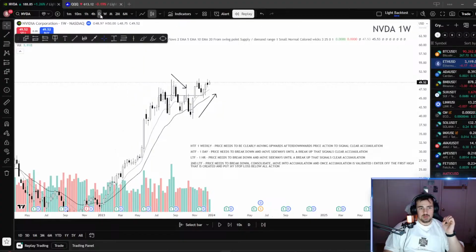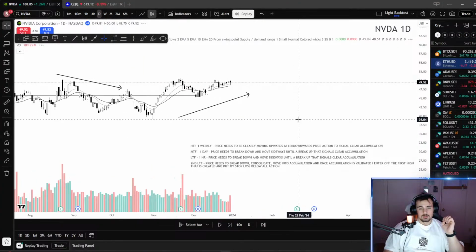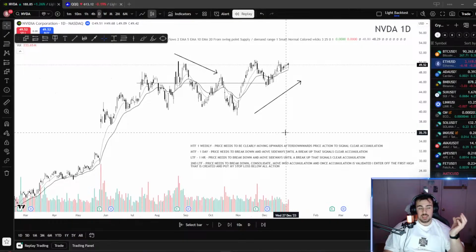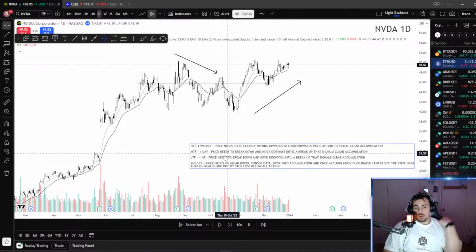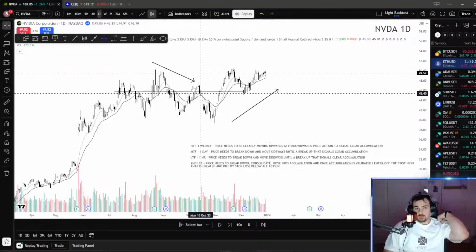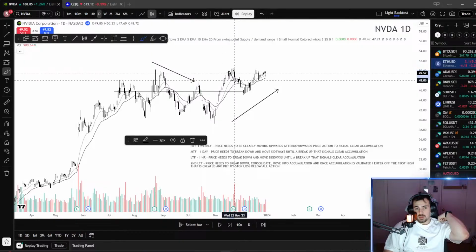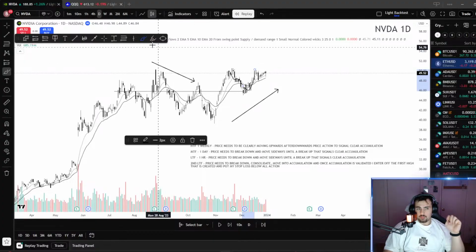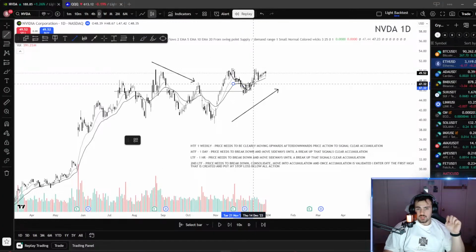So I'm going to move down to my daily and let's see what we need for my daily rule to be met, which is my medium time frame. The 1 day price needs to break down. Okay. Well, we have a breakdown and move sideways until a breakup. Okay. Well, it breaks up, moves sideways down here, and then it breaks up.